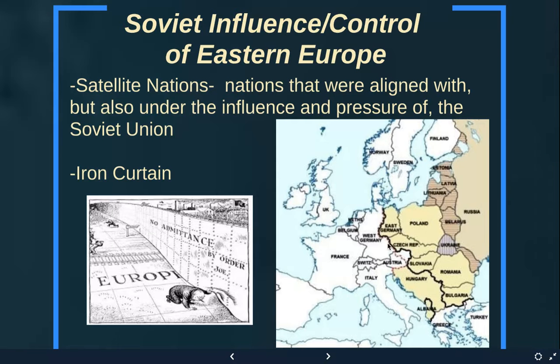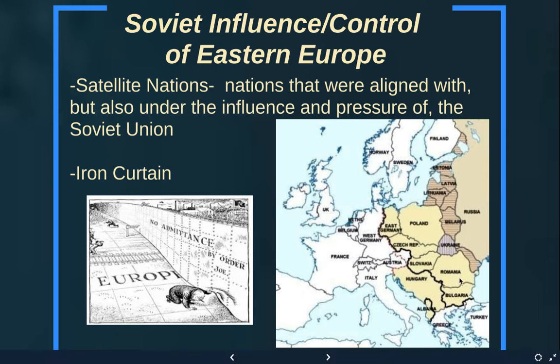So Germany is divided into fourths, and part goes to Russia, part goes to Great Britain, part goes to the United States, and part goes to France. The French, British, and American parts are going to join together to become West Germany, and the Soviet part is going to remain East Germany. Okay, and we'll talk about some of that more later on.